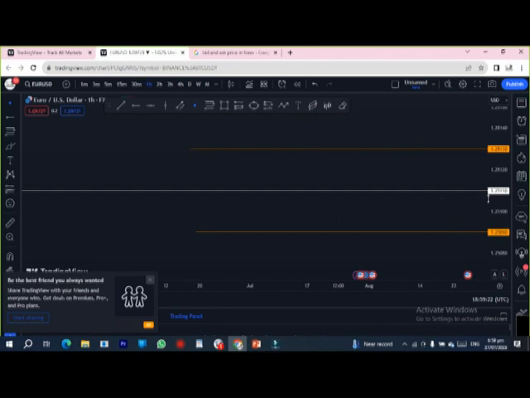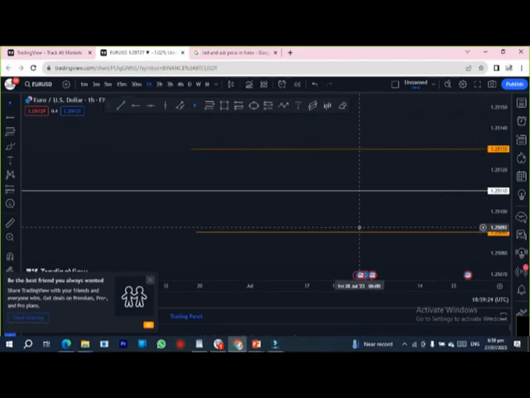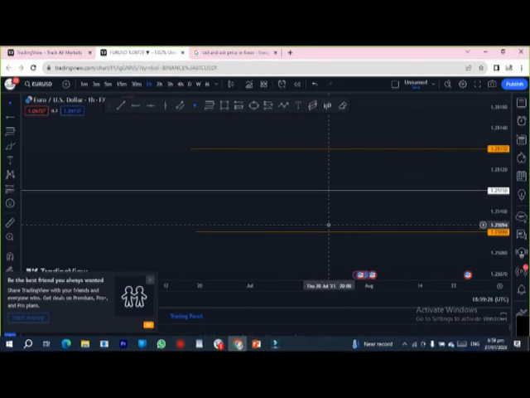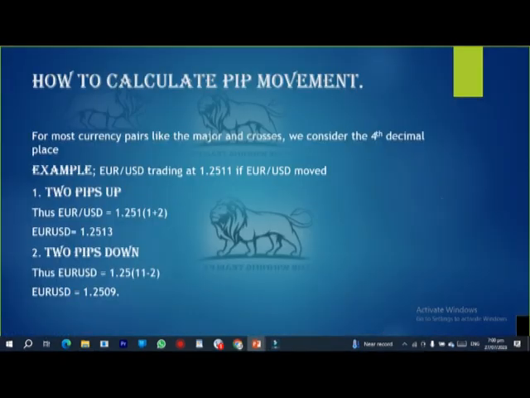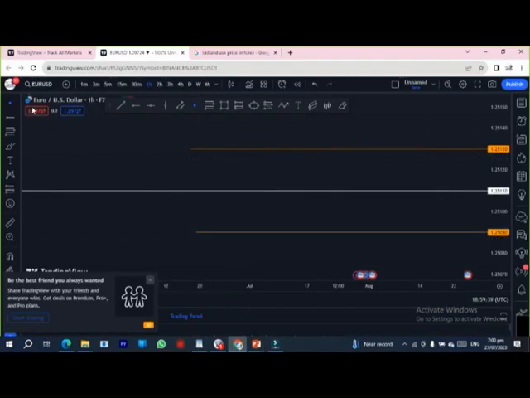We were talking about 1.2511, right? What was our distance? We have 1.2511 for Euro USD. So this Euro USD here, and this is my white line here.